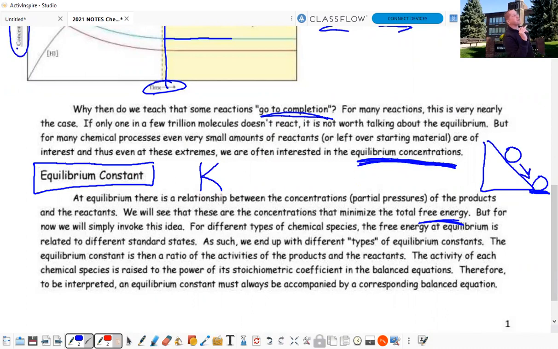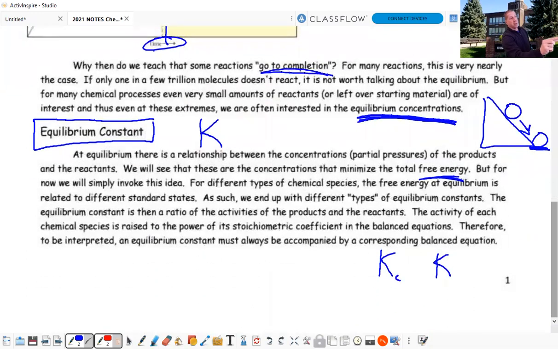For different types of chemical species, the free energy at equilibrium is related to different standard states. As such, we end up with different types of equilibrium constants. As I said, the two we're going to do today are called Kc for concentration and molarity, and Kp for the pressure of a gas, the partial pressure of a gas, and it's generally in atmospheres.